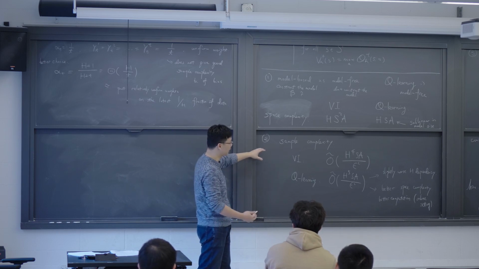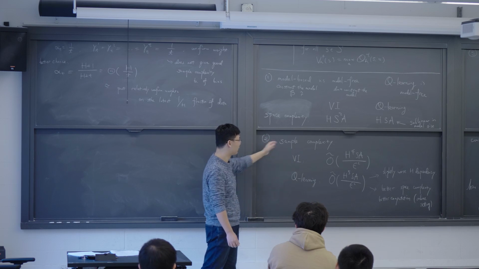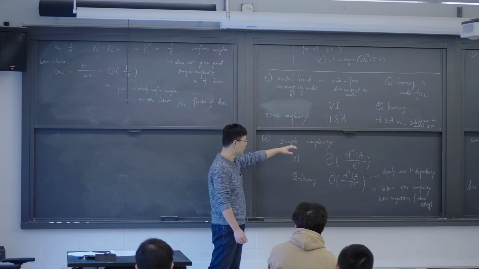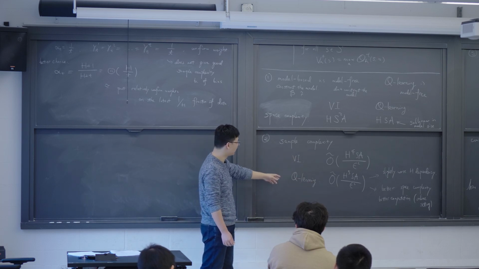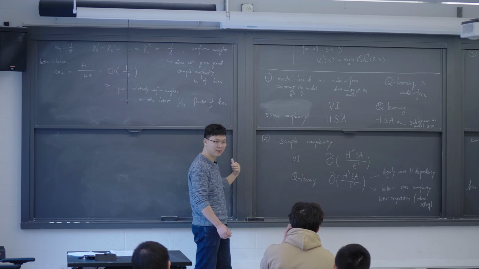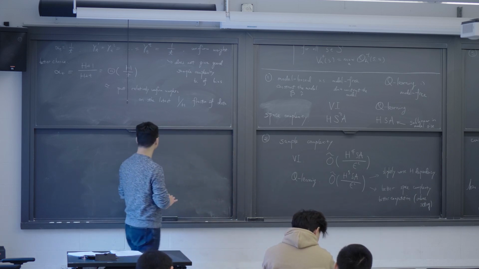But the main takeaway is that when we do value iteration, we need to collect one trajectory and then do one pass of the Bellman optimality equation, and then collect one trajectory, then we do another pass of the Bellman optimality equation. While in Q-learning, we just collect one trajectory and do one pass of this incremental update. So that's why you can do a lot faster than value iteration.